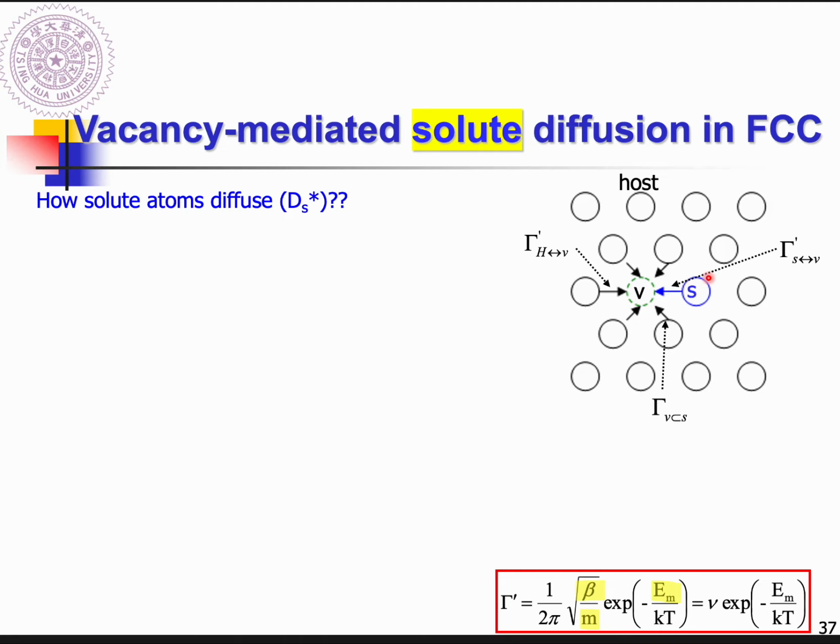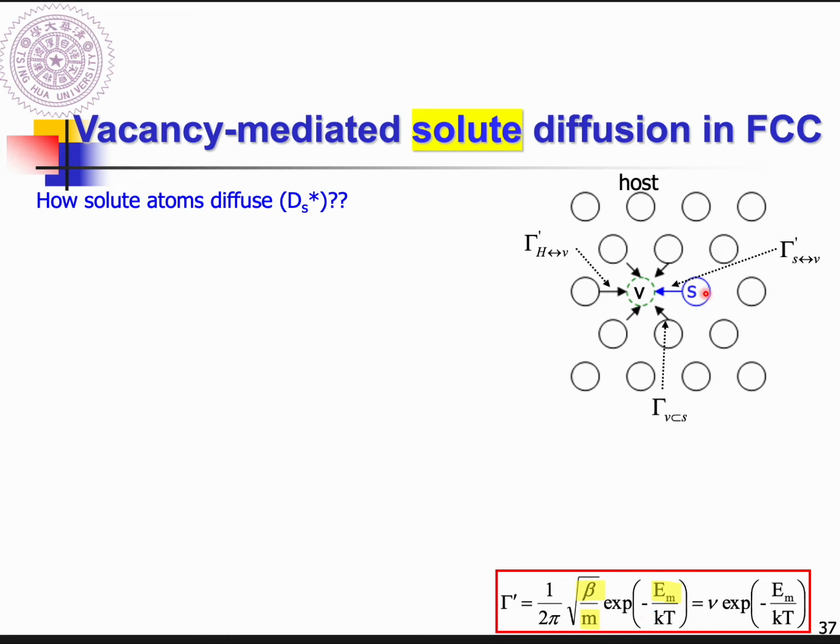So when we talk about the gamma prime, the jump rate, this will be a little bit different. We can observe three different types of jump rate. As you know, the jump rate is related to the bond strength, reduced mass, and migration energy.